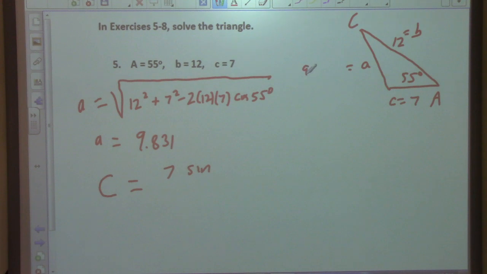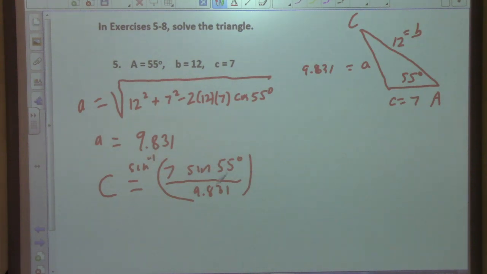Okay, now I got it. So sine 55 degrees over 9 point, and it's going to be inverse sine of all that, over 9.831. So it'll be inverse sine of this.